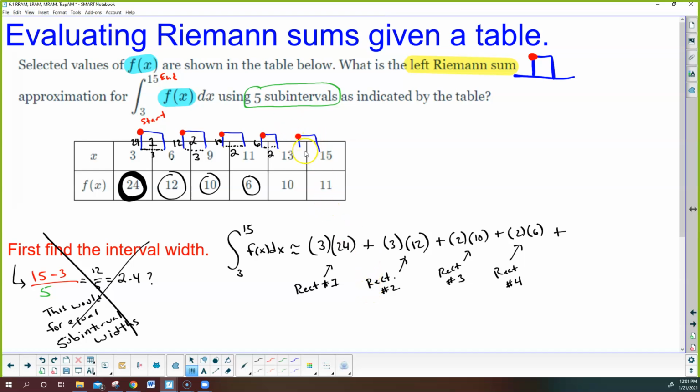And the last one, the difference between 15 and 13, that's a width of 2, and then the height is indicated by the left endpoint 10. That's the area of rectangle 5.